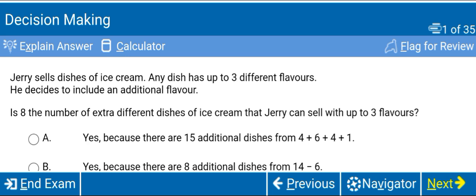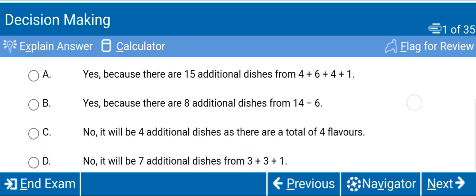to 3 flavors be 8? Option A, yes, because there are 50 additional dishes from 4 plus 6 plus 4 plus 1. Option B, yes, because there are 8 additional dishes from 14 minus 6.